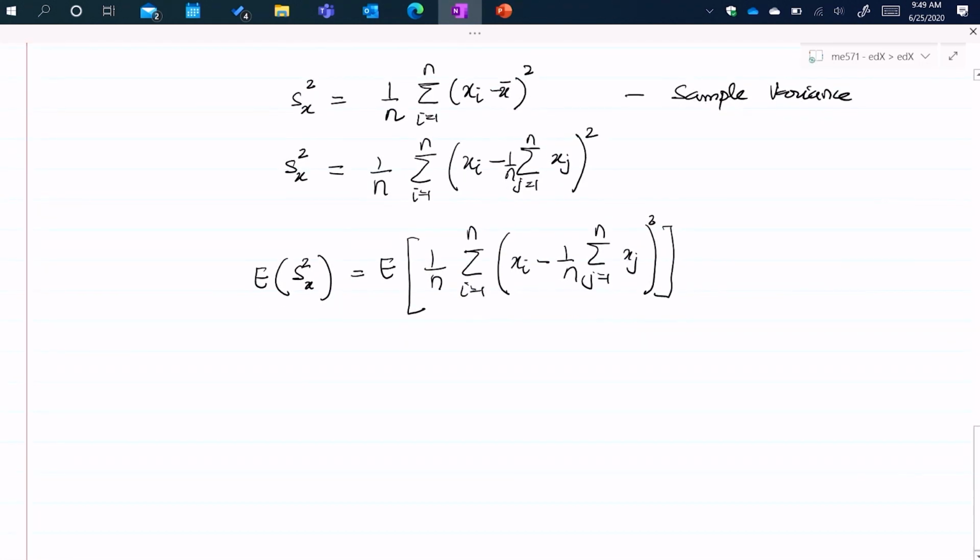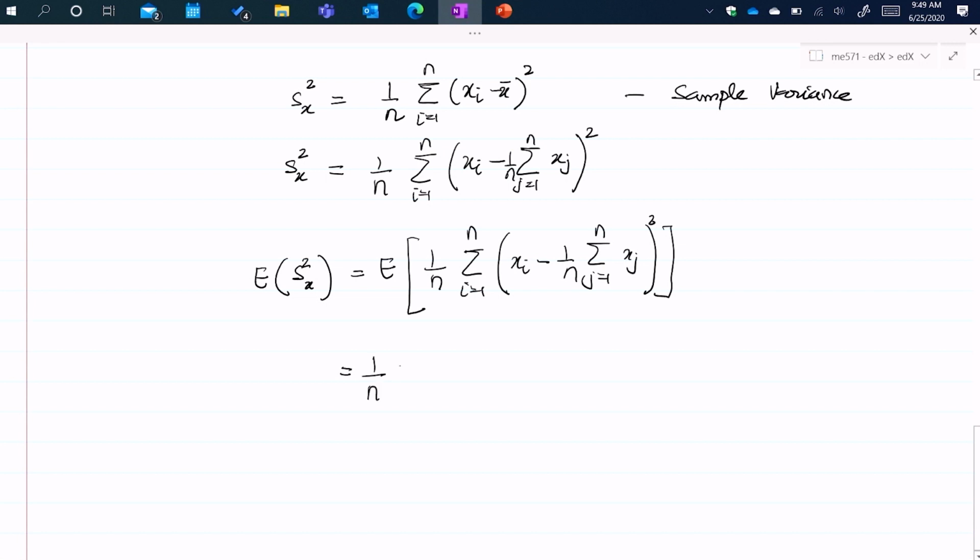The first step in working through this derivation is to expand the quantities within the parentheses, and use the fact that the expected value of a sum is equal to the sum of expected values, and the expected value of a constant times a quantity is the constant times the expected value of the quantity.